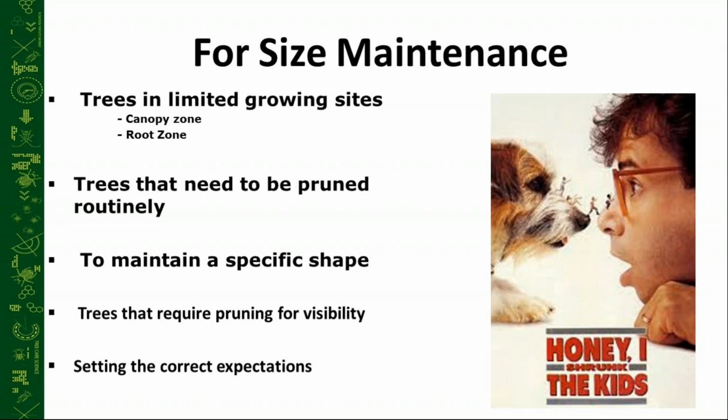And then if there's trees that you have to maintain a specific shape, those are a good one. Or trees that require pruning for visibility, maybe to a lake or other hardscapes or signage, for example. But it's important to set the correct expectations that you're not going to magically shrink the plant. It is a piece of nature that we're just slowing the new development of the plant.